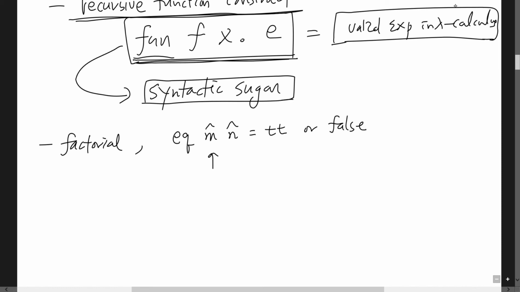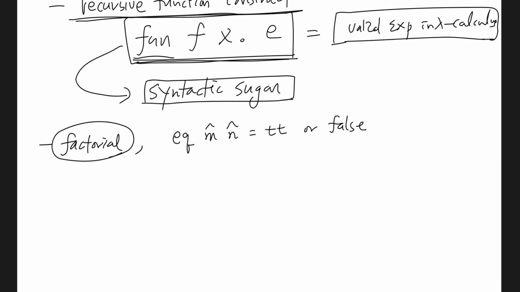So if these two are equal, this equality function would calculate Boolean true. And if these two are different natural numbers, then this equality function would return false. So let's assume this equality function. Our goal is to define this factorial function in lambda calculus.